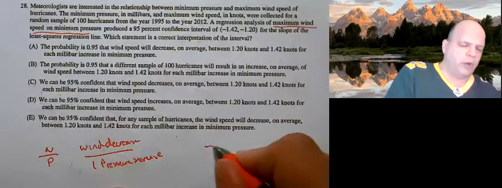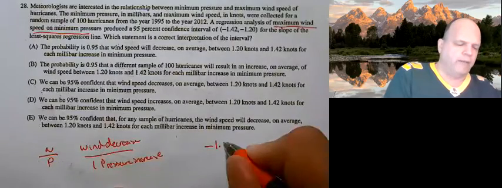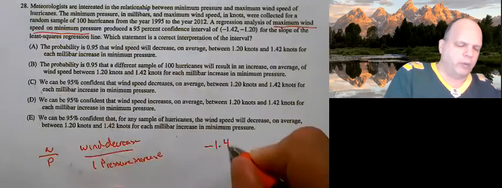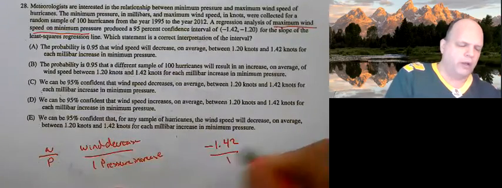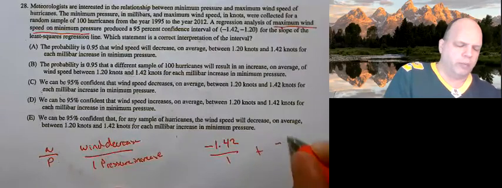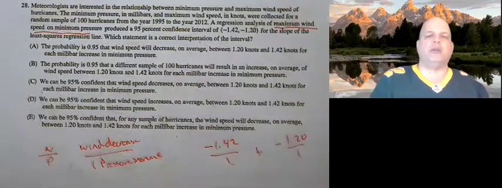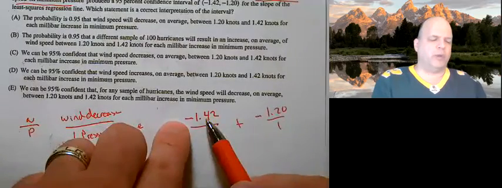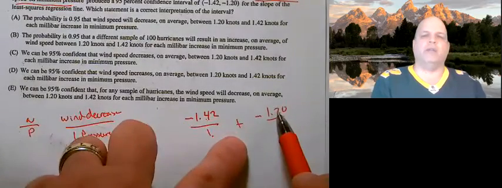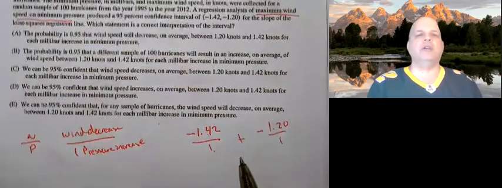Essentially, we're saying this is what our slope is. We're 95% confident that our slope is negative 1.42 over 1 to negative 1.2 over 1. So for every 1 pressure increase, we have somewhere between a negative 1.4 and negative 1.2 decrease in wind speed.